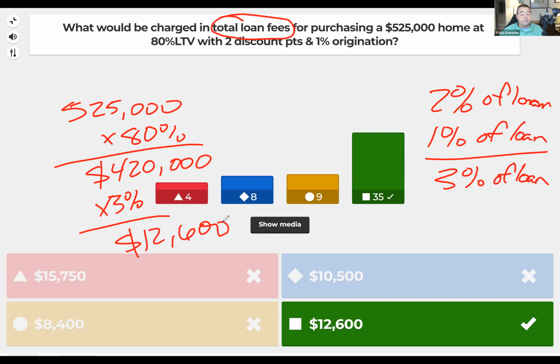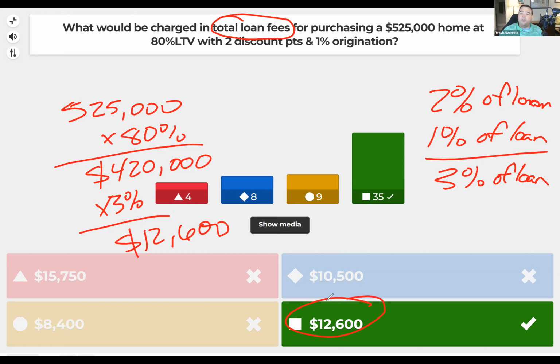Now, the other answers that I gave you as possibilities here either dealt with only doing the 2 discount points, which is a common mistake. And I'm guessing, Stephen, based on the way you reacted, that's probably what you did. Or using the 525 instead of the 420.